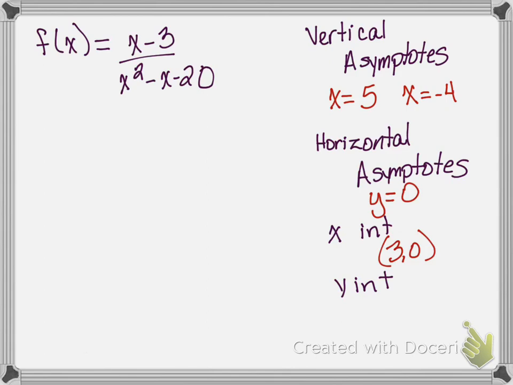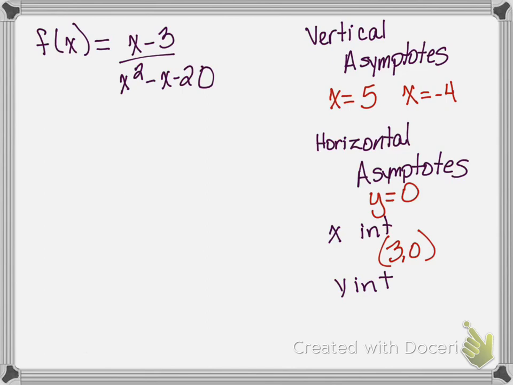Don't lose those negatives. So what's my y-intercept? It's -3 over -20, so it's positive 3/20. When you cover up all your x's, what you're doing is you're plugging 0 in for x.